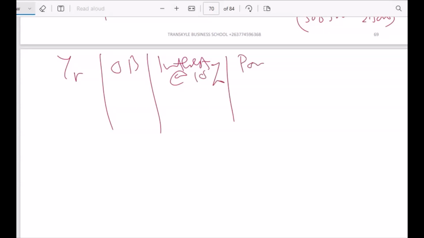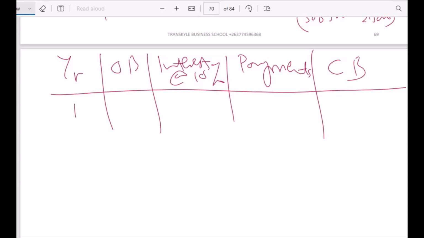Then we have the payments, then the closing balance. So year one, we opened with 750,000, and the interest was 10% of 750,000, that's 75,000, and then the payments are 215,000 every year. So we are going to have the closing balance of 610,000.